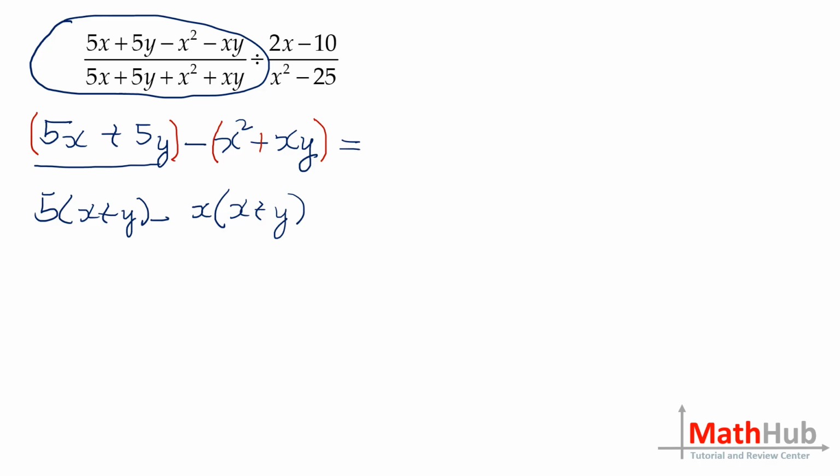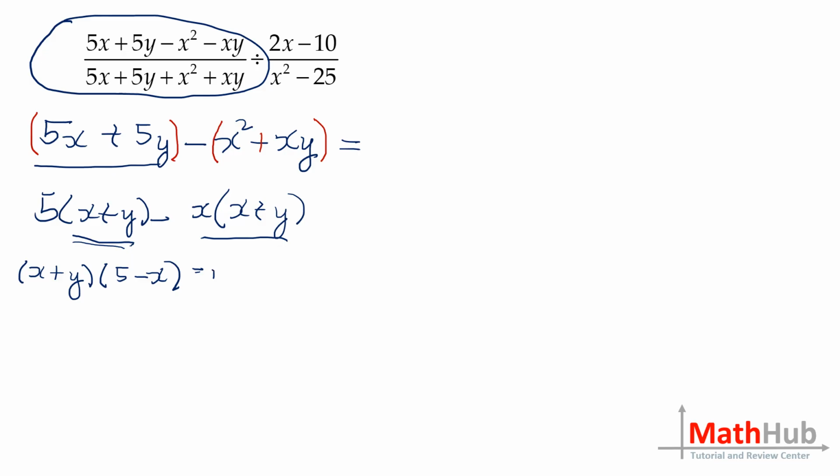Now the goal of grouping is to have a GCF in this case. So we now factor out again x plus y. So that's x plus y, and we're left with 5 minus x. So that's the factorization of the numerator.